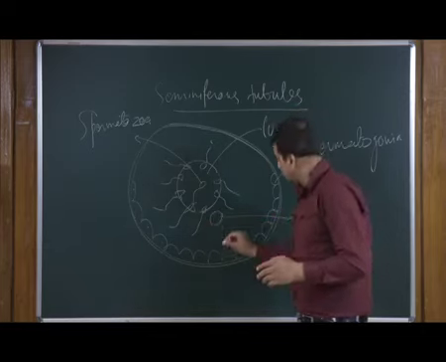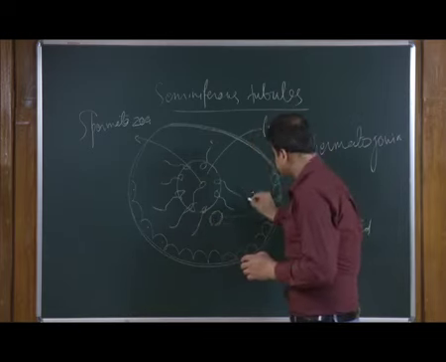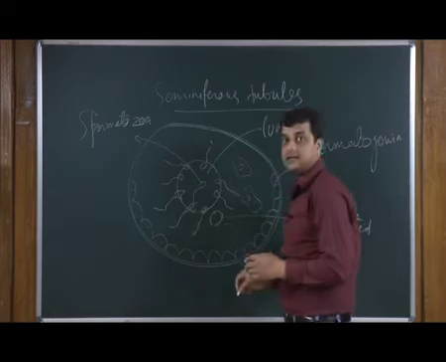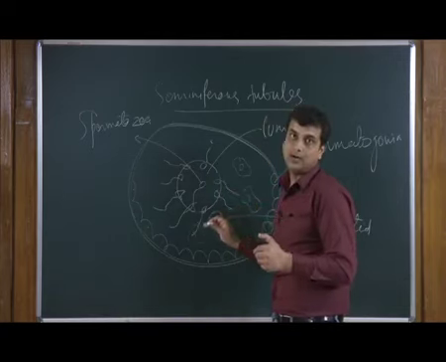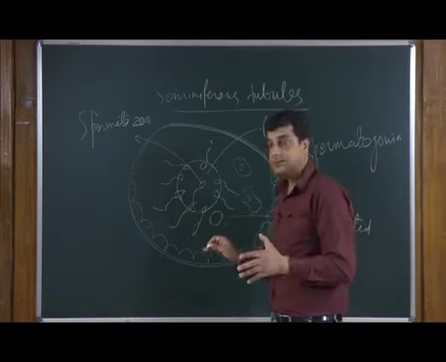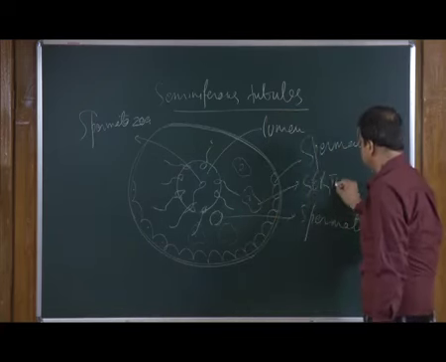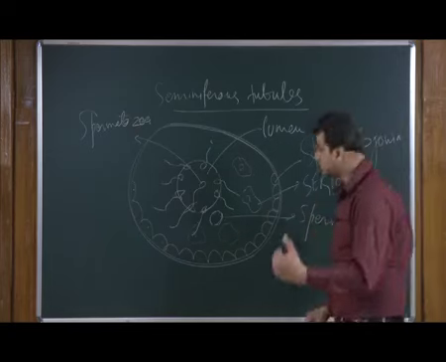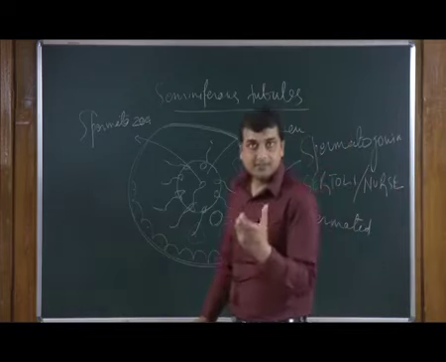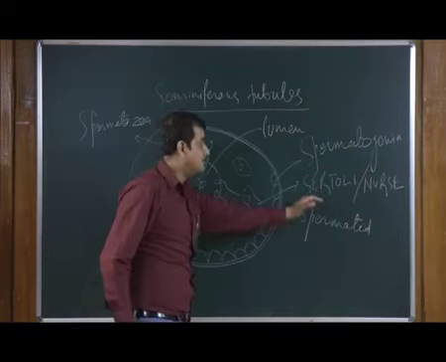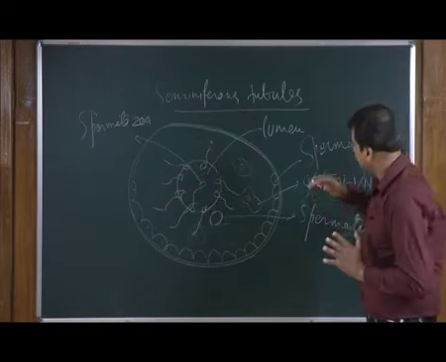There are very specialized cells in this area, important in order to nourish the growing spermatozoa in the seminiferous tubule. These cells are called Sertoli cells. Sometimes they are also called nurse cells, because they are nursing the growing spermatozoa.